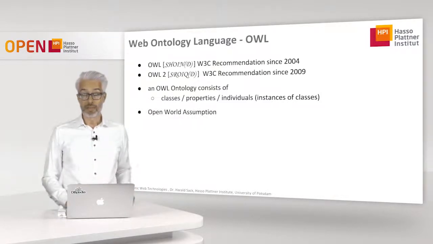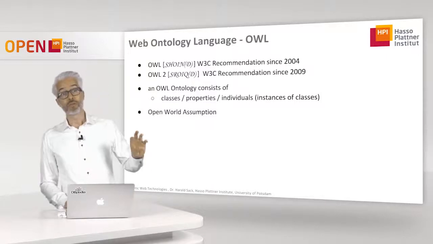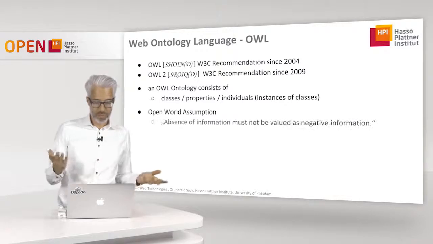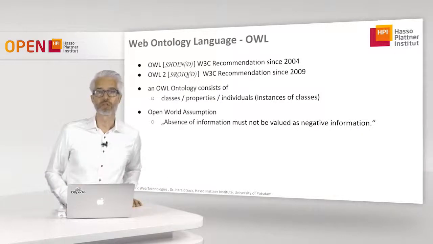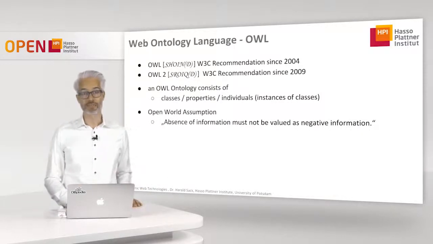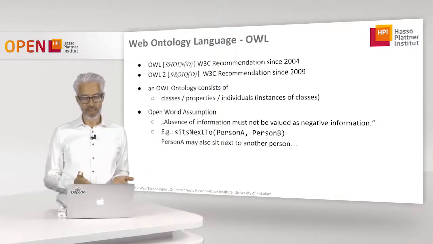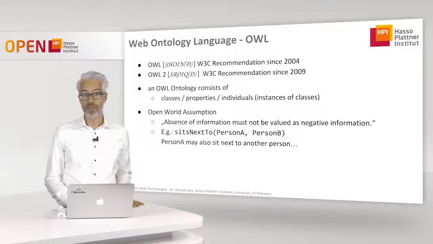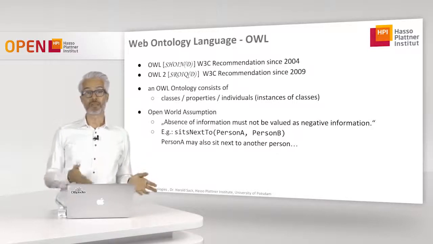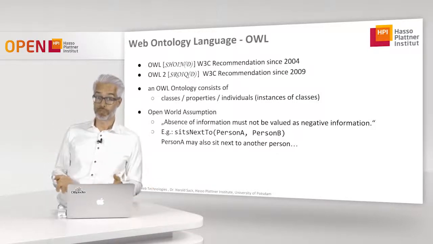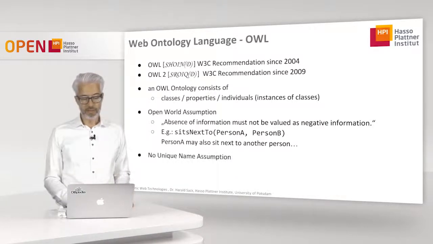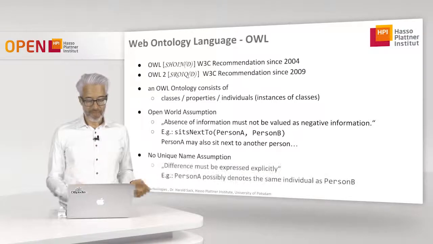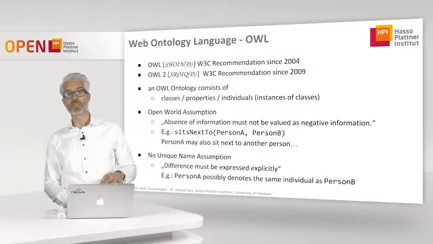Next, an important assumption: the so-called open world assumption holds. What does that mean? Just remember, the absence of information must not be valued as negative information. This simply means if, for example, person A sits next to person B, this means that person A may also sit next to another person. And secondly, we also have no unique name assumption, which means that in the end, difference must be expressed explicitly.